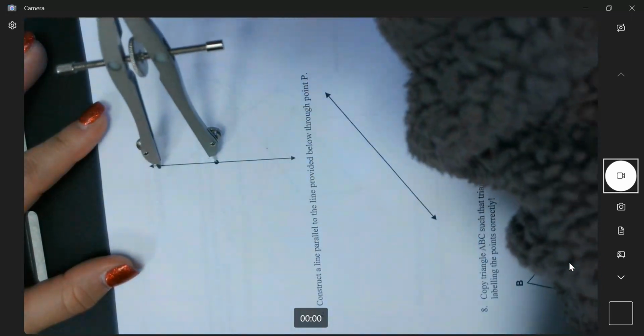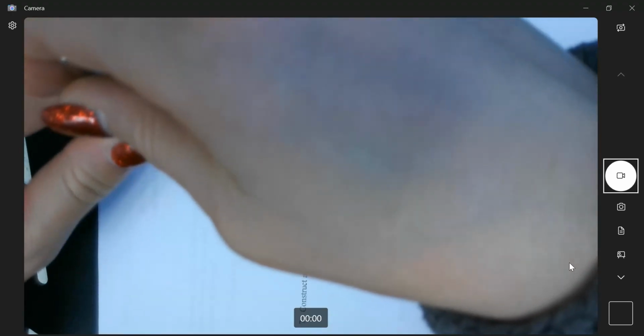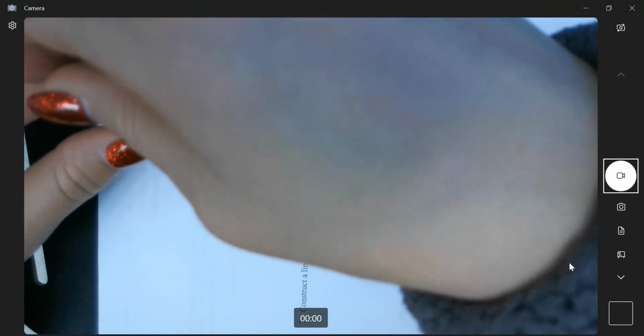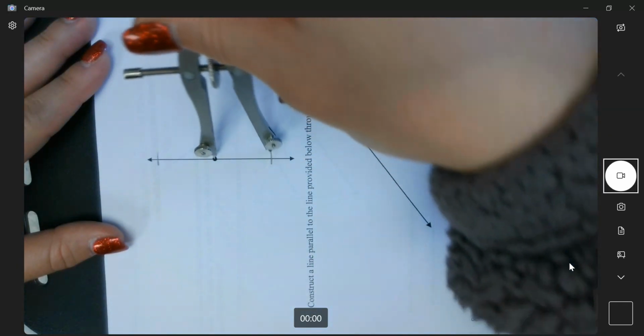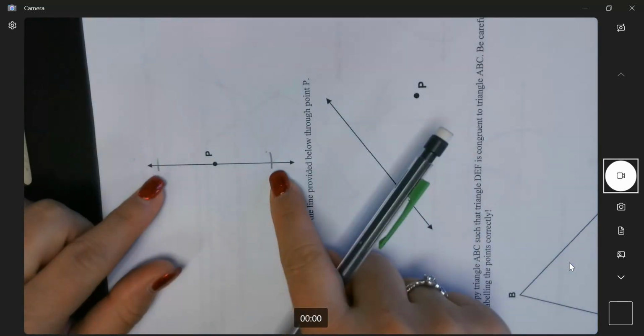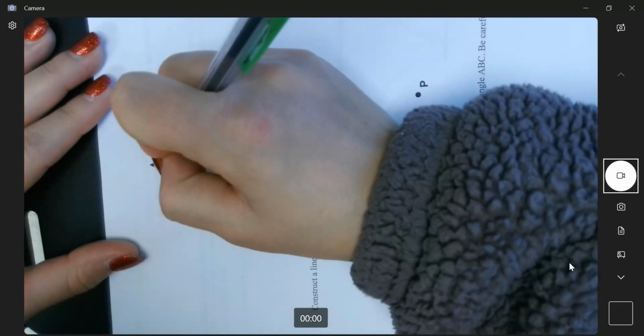Notice how I had to adjust it: over here the line's not long enough, so I made it smaller to make sure that the pencil of my compass will touch the line here, and then if I swing it onto the other side of P, it does touch on this side too. So I want to make sure that it will touch the line on both sides. Once you make those 2 marks, you can make a point here and one here.